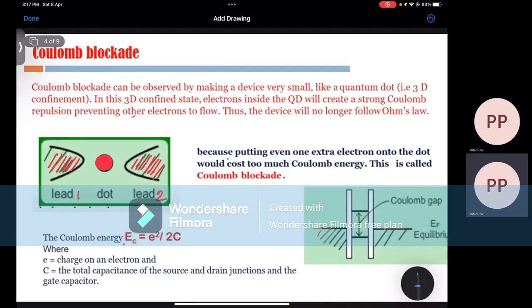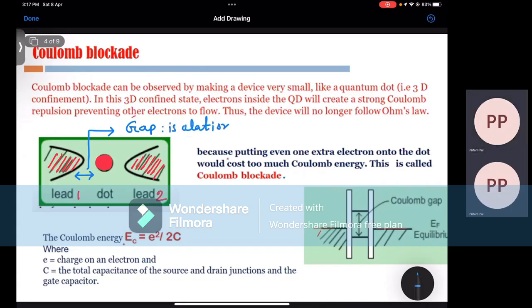And there is a gap present here, which shows a type of isolation. This isolation is implemented by placing a very thin insulating material here, but in this figure the insulation is shown in the form of free space.